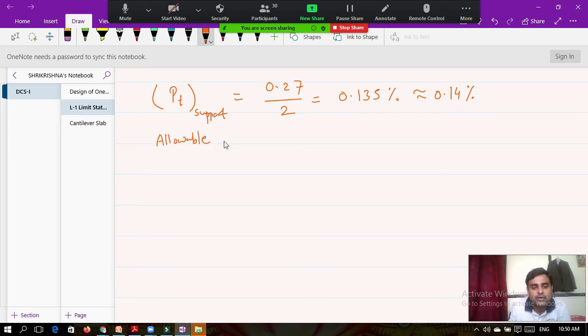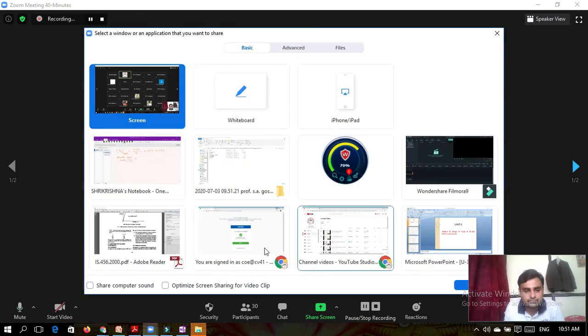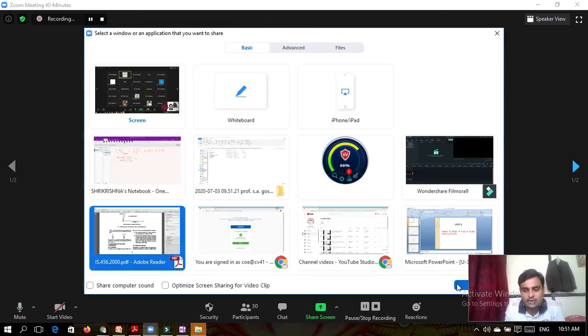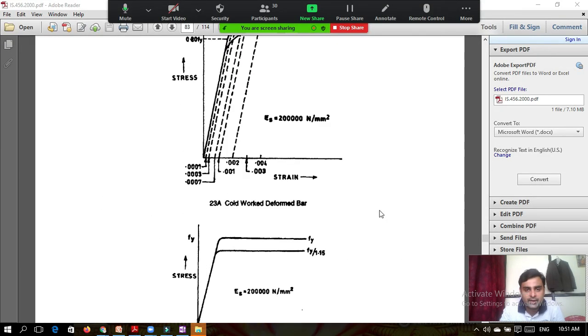Okay, so allowable shear stress, that is tau c. We need to calculate this from IS code table number 19. So we will go to the IS code now. This is the IS code, and now we will go to table number 19.